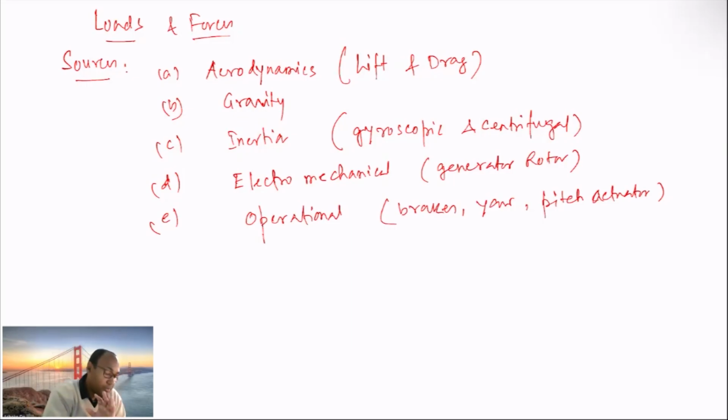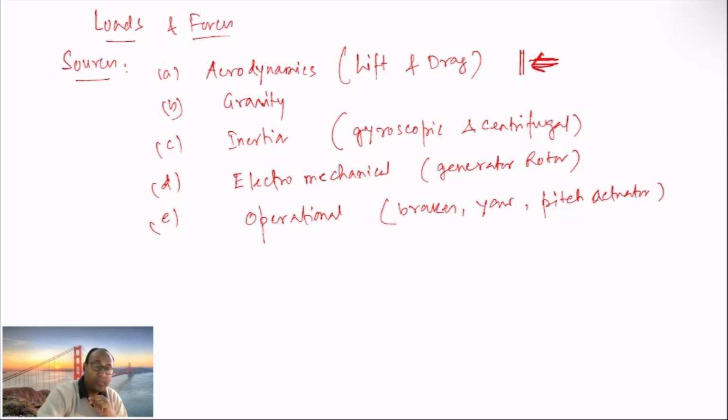What we have discussed in detail so far is component A, the aerodynamics load. We have looked at how you get lift, how the aerodynamics analysis could be done. But the whole turbine unit is also exposed to gravity load, inertia load, electromechanical load due to the generator, operational loads and other things.